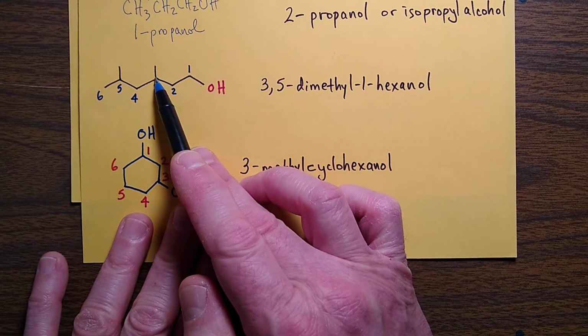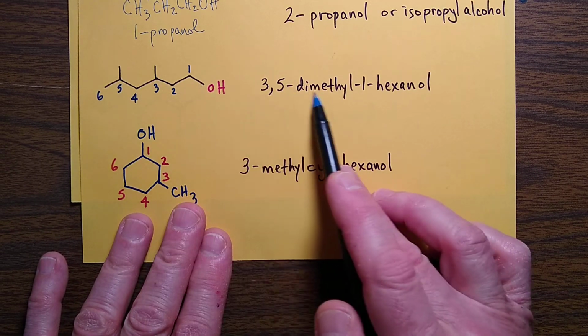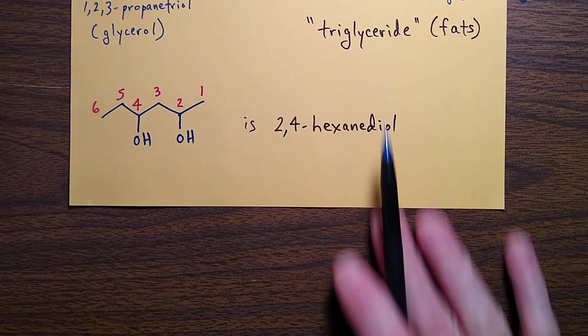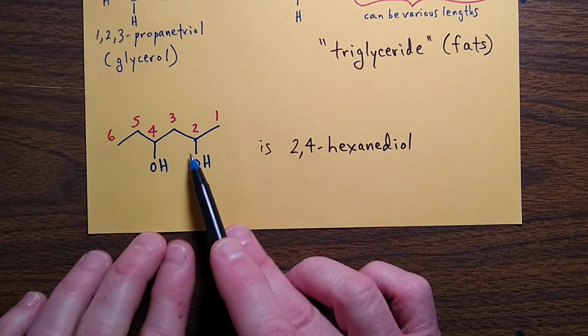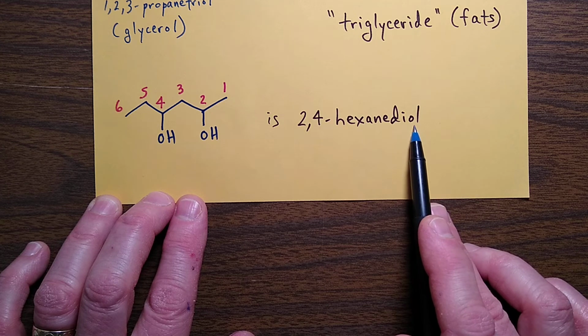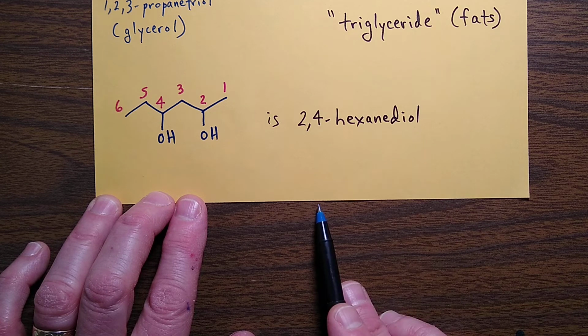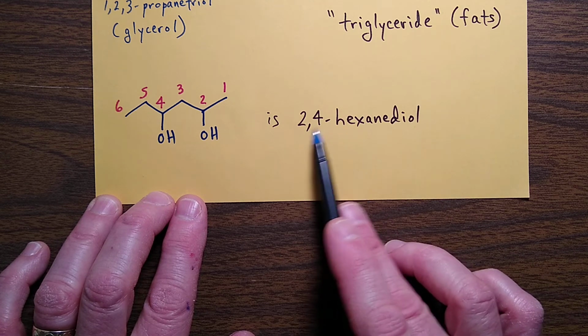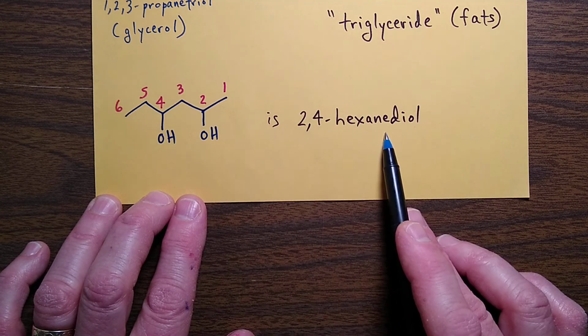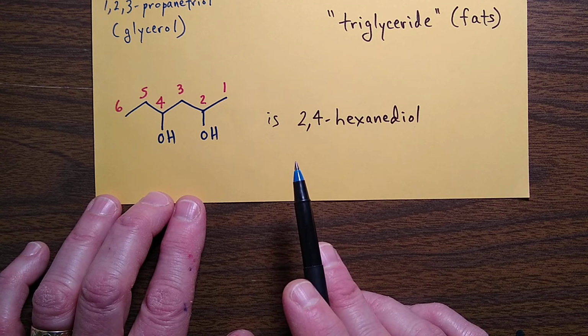Not only tell you where the positions are, where the methyls are, but I also had to tell you that there were 2 of them. You have to do the same thing here. There are 2 alcohols, 2 OH groups, so I have to name it a diol, and I put that at the end because that's the parent name of the molecule. And I also have to tell you where they are, 2, 4, because there's many places where these 2 alcohol groups could be if I didn't specify the 2 and the 4.